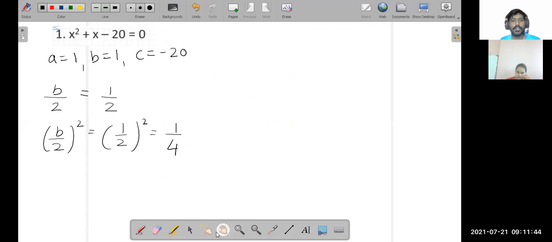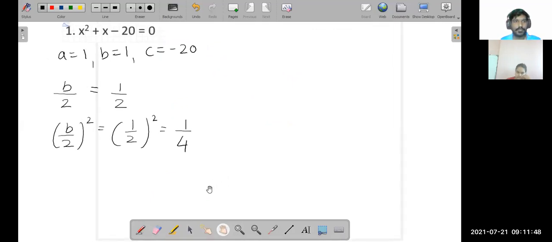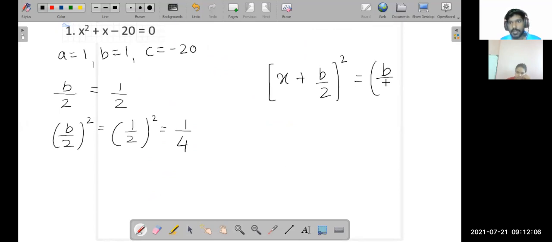Okay. After this, you remember this formula: x plus b upon 2 the whole square is equal to b upon 2 the whole square minus c. Okay, remember this formula.